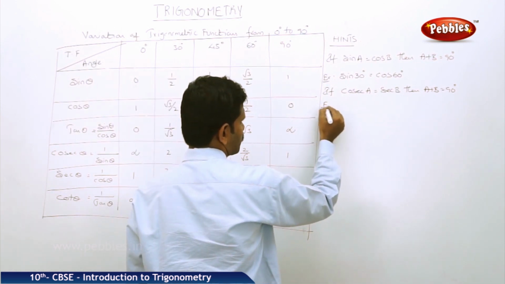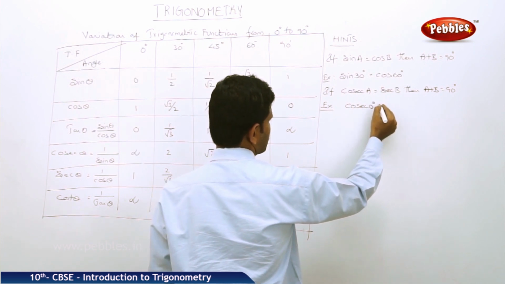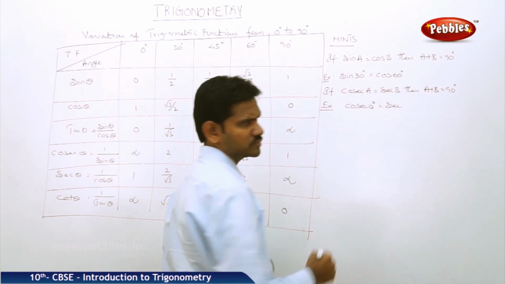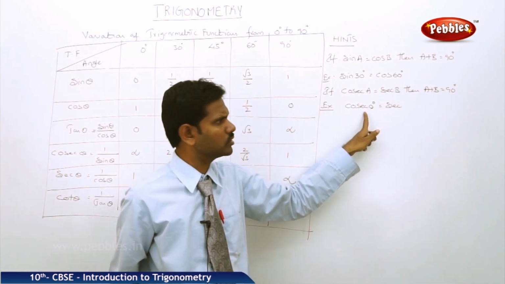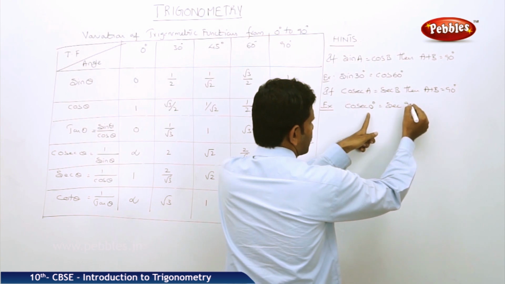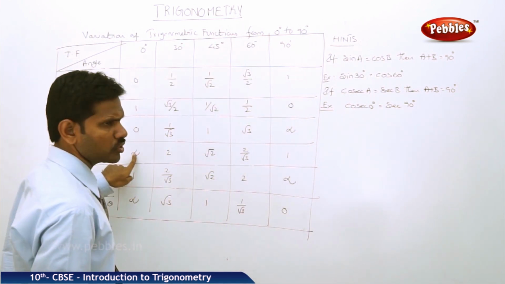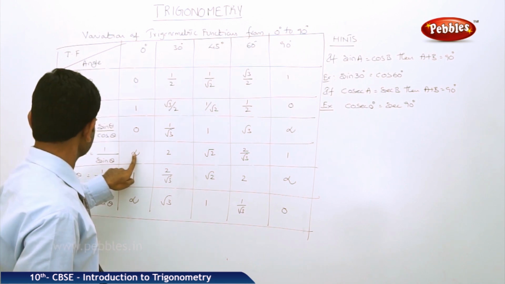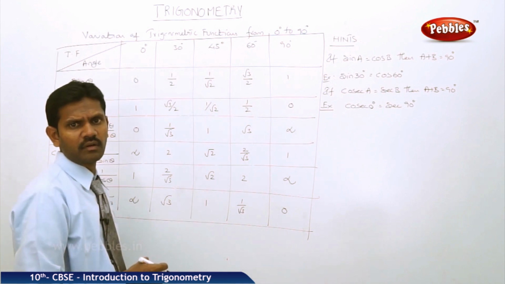Let us see one example. Cosecant 0 degrees is equal to secant, out of 90 degrees it occupied only 0, therefore secant 90. Cosecant 0 is infinity. Secant 90 is infinity. Both are equal.